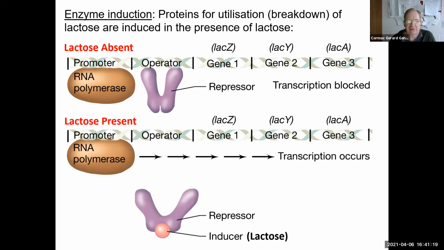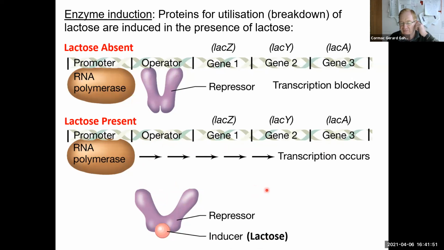What happens when lactose is present? Well, it's the opposite of that arginine situation. When the lactose is present, it acts as an inducer. It binds to the repressor, and you can see the change in shape of the repressor. The repressor can no longer bind to the operator. The RNA polymerase is free to transcribe these genes, and then they're translated into proteins.